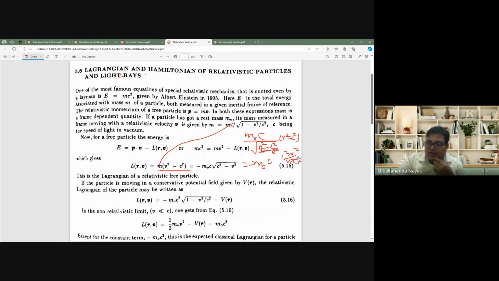So cancel, it will give you the root over. So it will be minus m0 c square root of c square minus v square. So the Lagrangian for a relativistic particle is minus m0 c square root of c square minus v square.